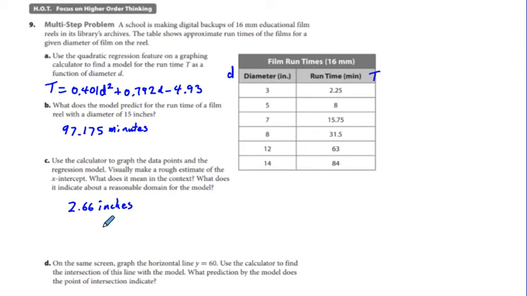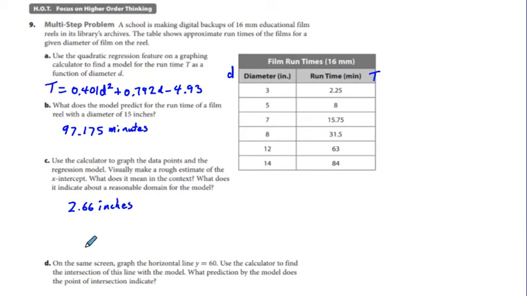What does that mean? Well, this means that the runtime is 0 when diameter is 2.66 inches.